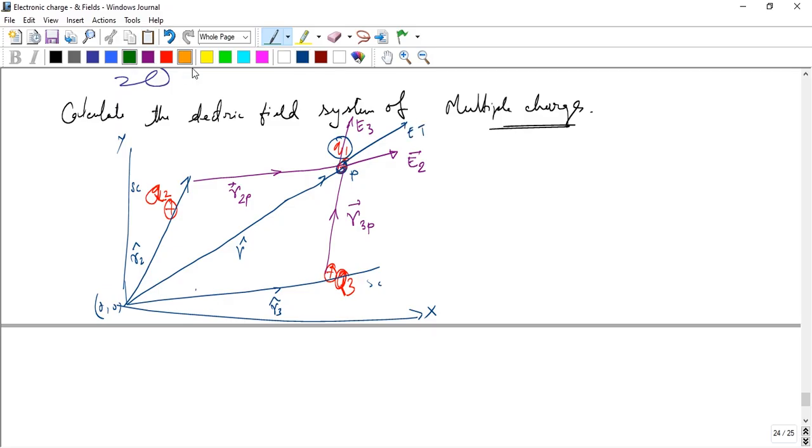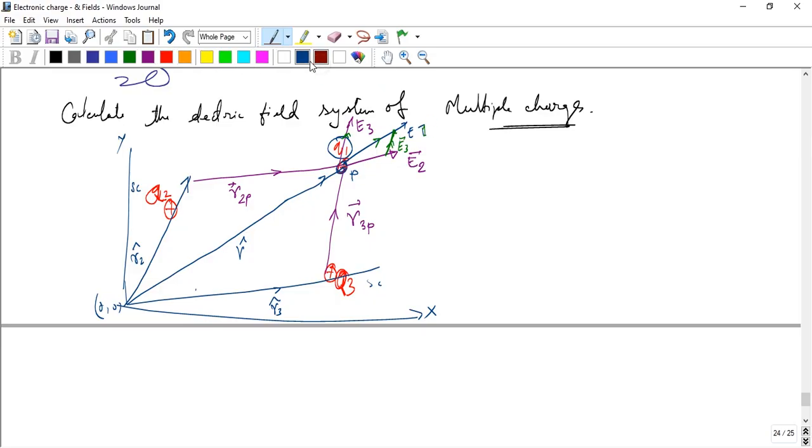Now choose any arbitrary point and draw a line parallel to E3 to cut E2. This green line is parallel to E3, so the green line and E3 are both the same E3 vector, and that gives E total.